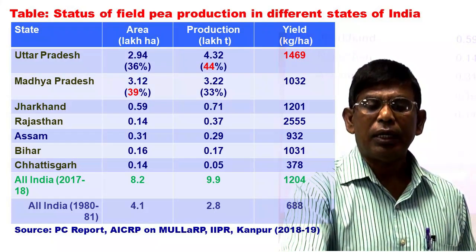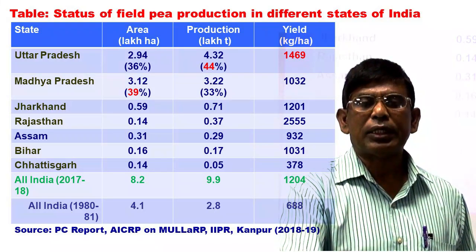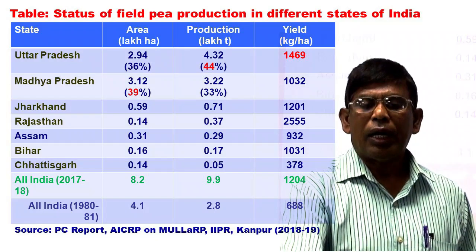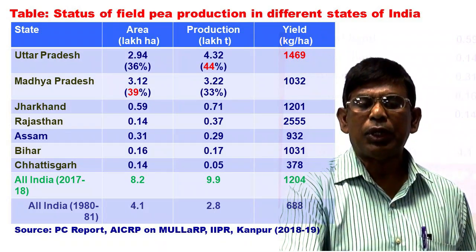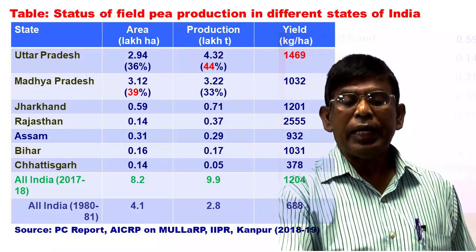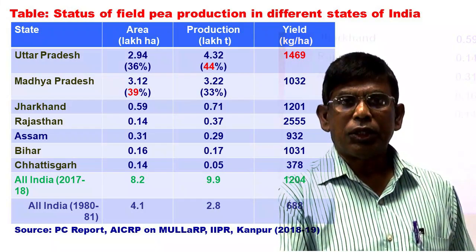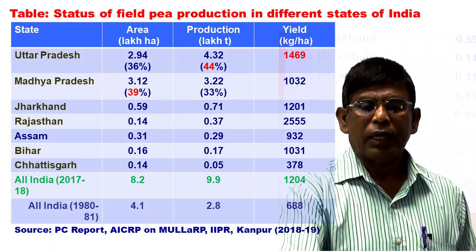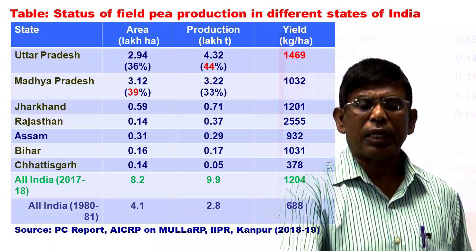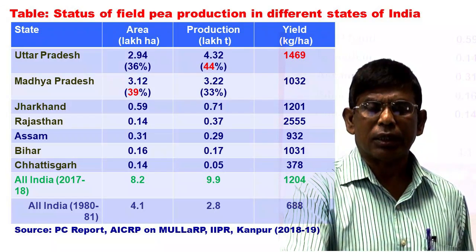Jharkhand ranks third, with 59,000 hectare covered under field pea, a production of 71,000 ton, and a yield of 1201 kg per hectare. Other producing states are Rajasthan, Assam, Bihar and Chhattisgarh.